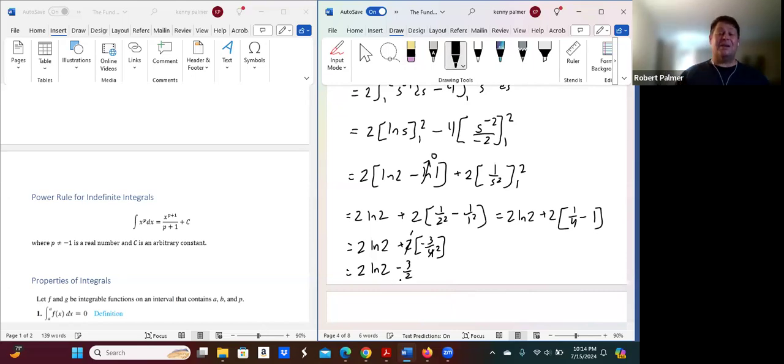Okay, that's the exact answer. Now, that's not all that useful. So one thing you can do with your graphing calculator, scientific calculator, also with Desmos, let's actually simplify that. The natural log of 2 itself is just a constant.